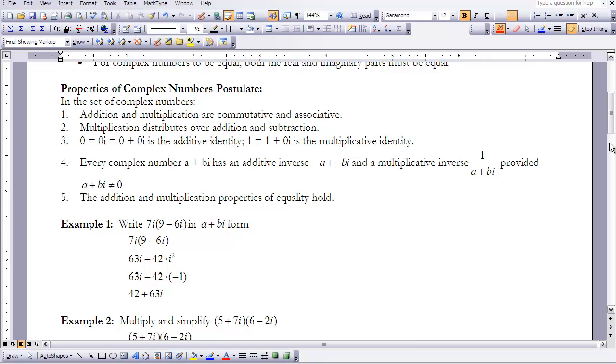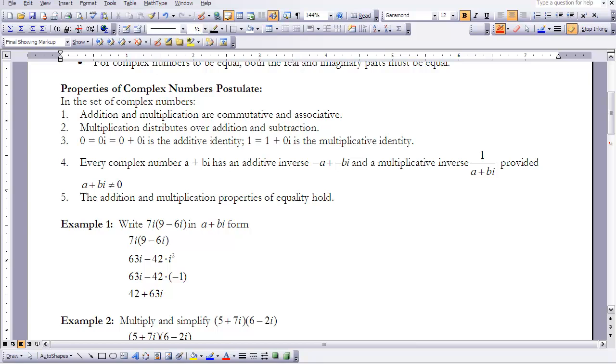That's the additive identity, and 1 is equal to 1 plus 0i is the multiplicative identity. Every complex number a plus bi has an additive inverse of the opposite of a plus the opposite of bi, and a multiplicative inverse of 1 over a plus bi, provided that a plus bi is not equal to 0. And the addition and multiplication properties of equality hold.